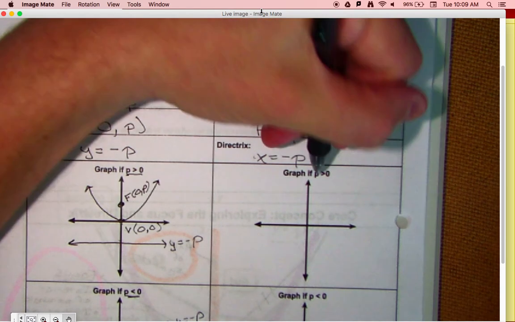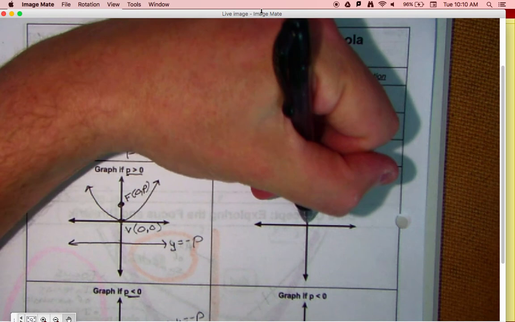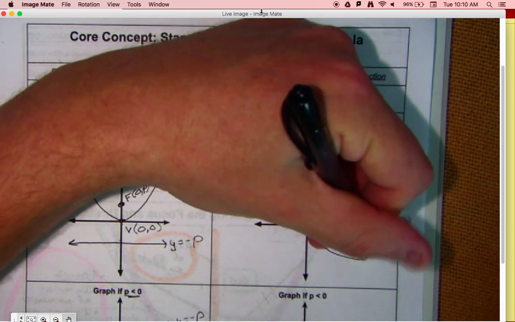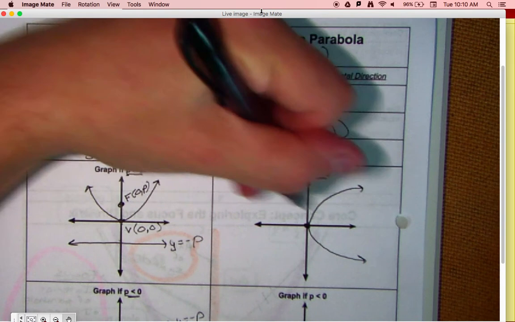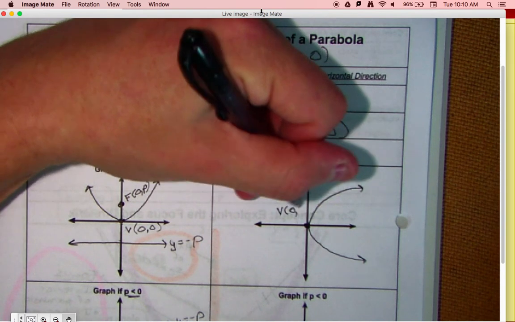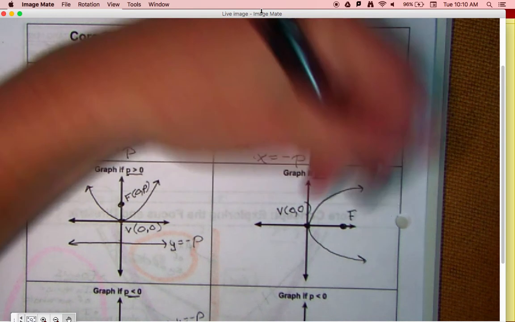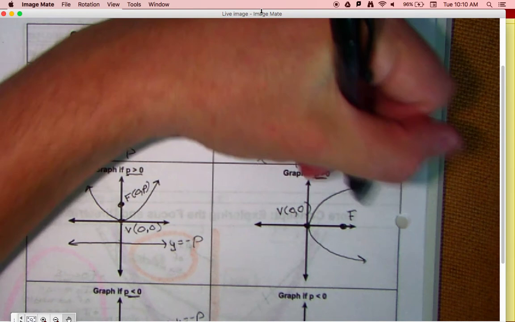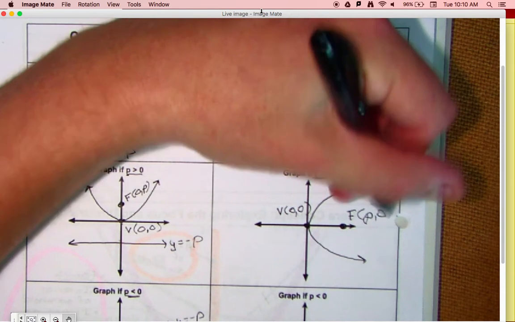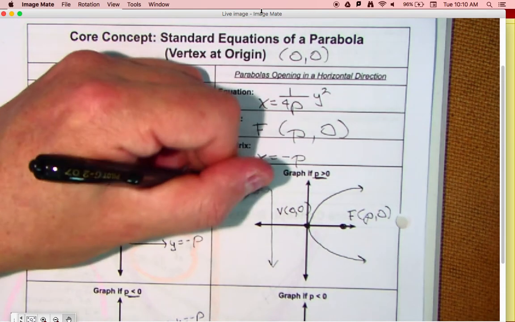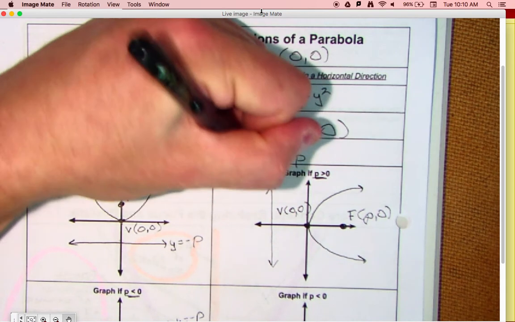And what does it look like? If p is positive, it's going to open to the right, like that. There's my vertex still, vertex at 0, 0. My focus is way out here, and it's going to be p comma 0. And my directrix, we say x equals negative p.